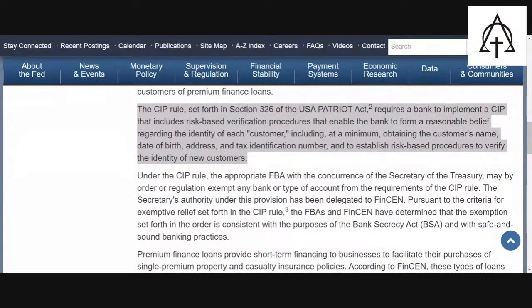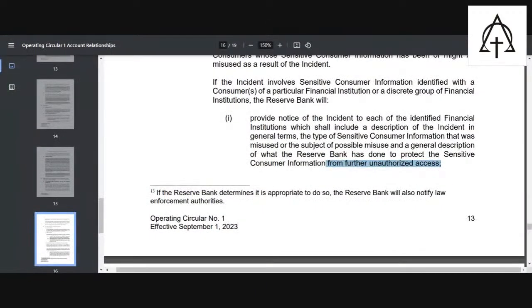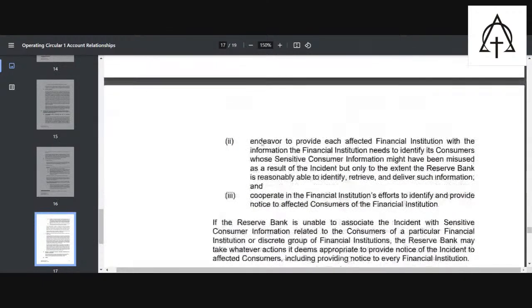So the next one, endeavor, as we were talking about, it hasn't been realized, but there's an endeavor to realize it, to provide each affected financial institution with the information the financial institution needs to identify its customers whose sensitive consumer information might have been misused as a result of the incident, but only to the extent the Reserve Bank is reasonably able to identify, retrieve, and deliver such information.